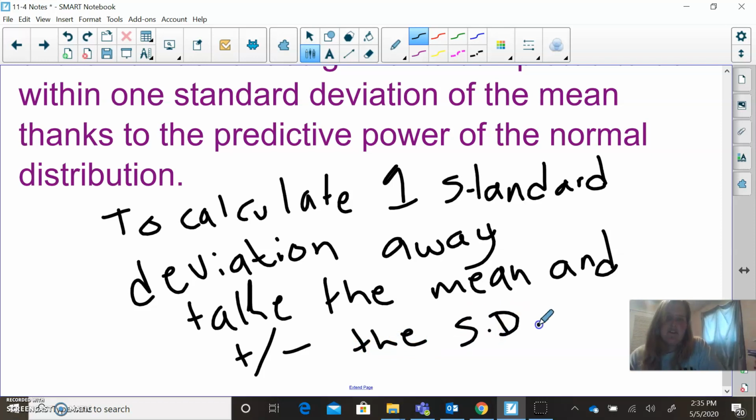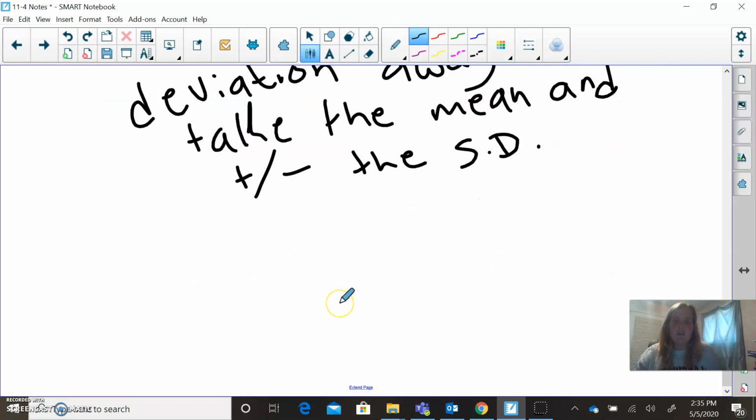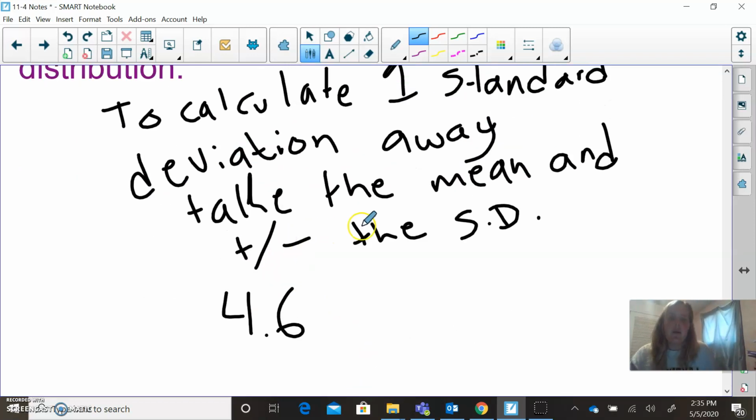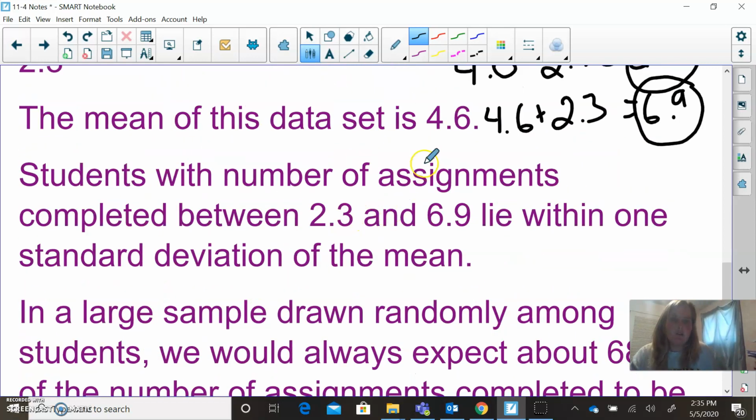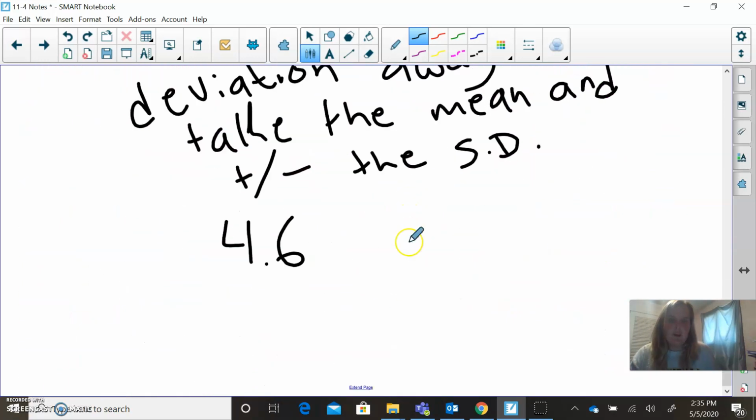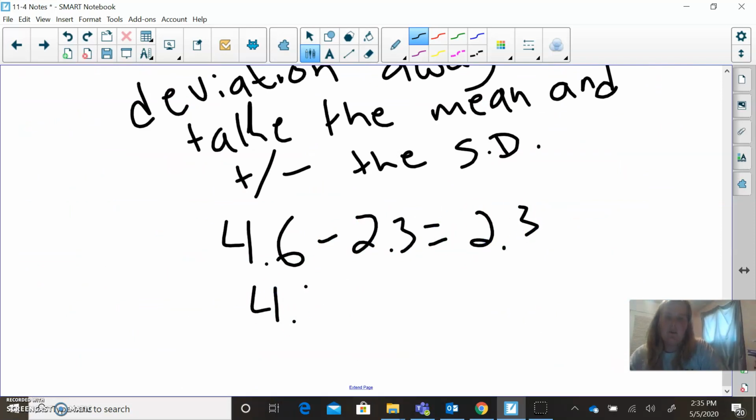And I'm just going to shorten standard deviation to SD. That way I don't have to write it a bunch. So for this example, we took 4.6 and we subtracted 2.3, and that equals 2.3. Then we took 4.6 and we added 2.3, and that equals 6.9.